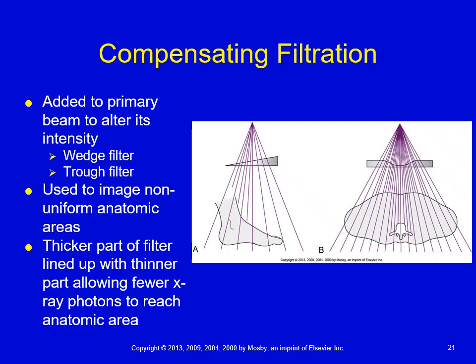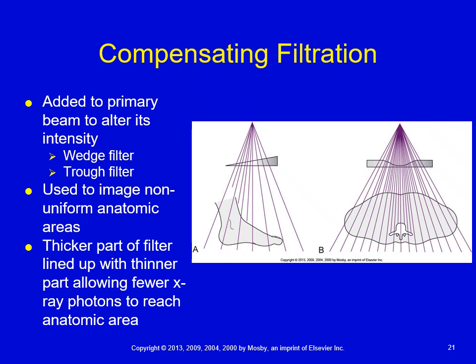Compensating filters kind of assist with things or parts that are non-uniform in nature. So I say non-uniform in nature, what we say non-uniform anatomy. So here we're looking at the foot and we're also looking at, let's say, the torso of a patient. So the first one that you see on the left is what we call a wedge filter.